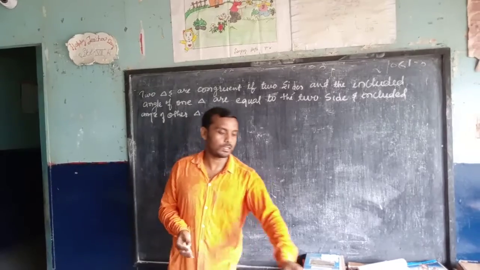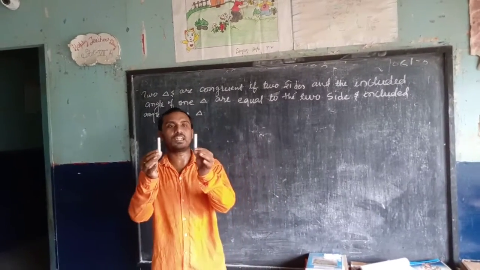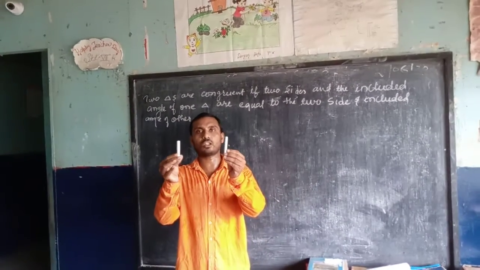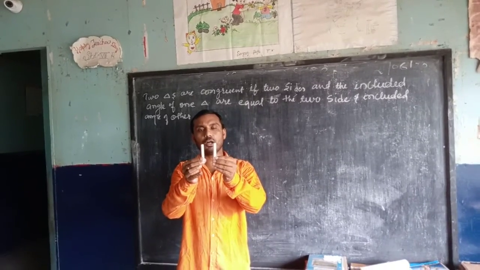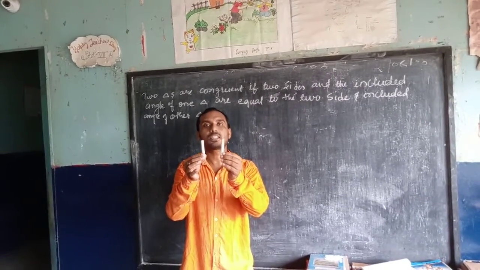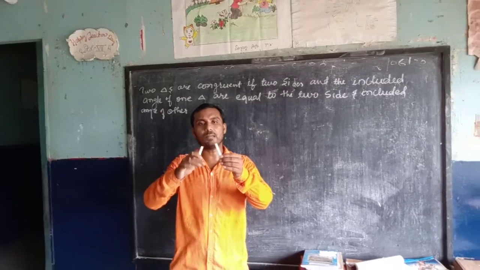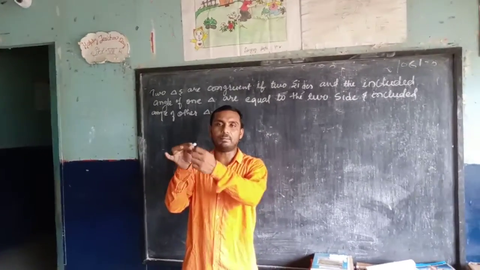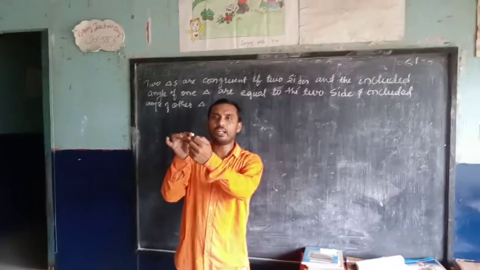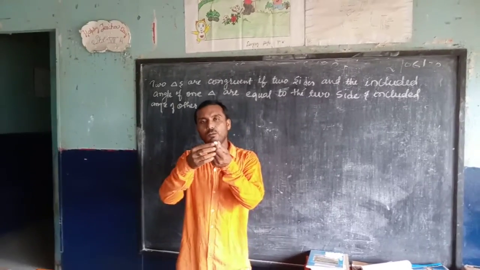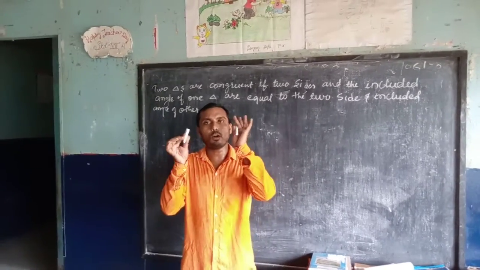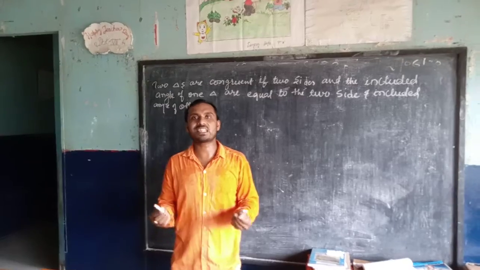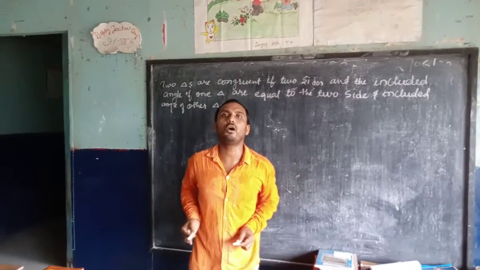Suppose in my hand, as you are observing, there are two chalks, each of the same length. Let us consider the radius of the end of this chalk to be the same in both cases. In that case, we can say that both the chalks are congruent.